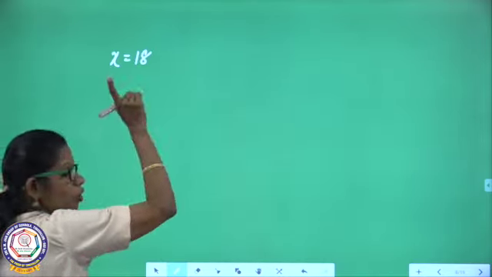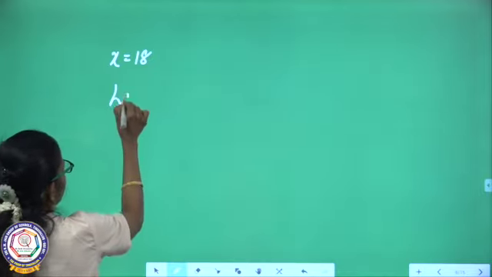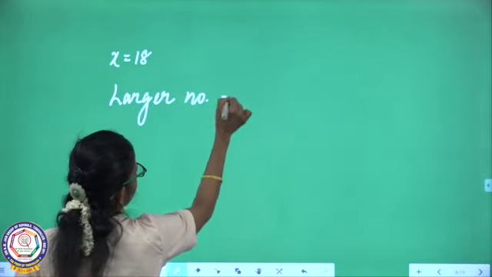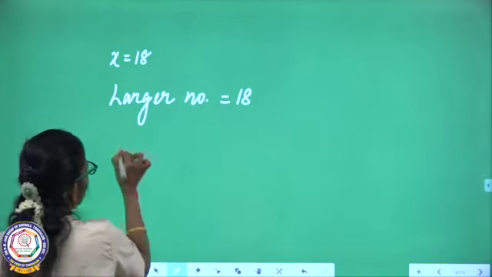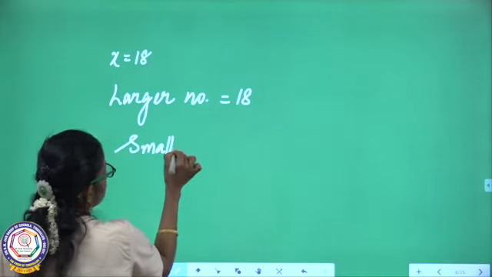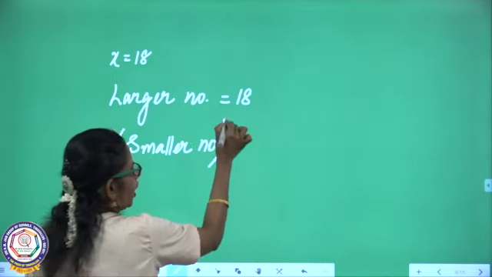x is equal to 18. What did you assume x to be? Very good, the larger number. Larger number equal to 18. What is the smaller number? You took the smaller number square only, right?